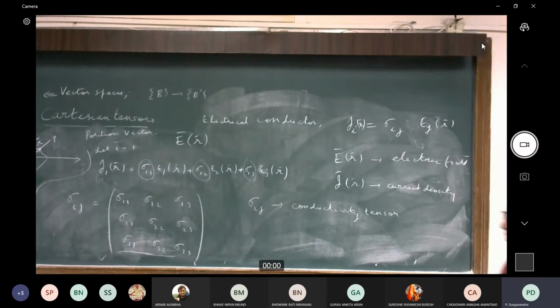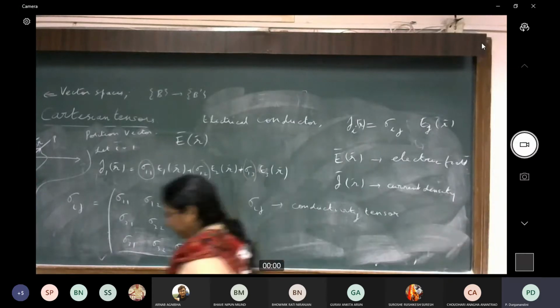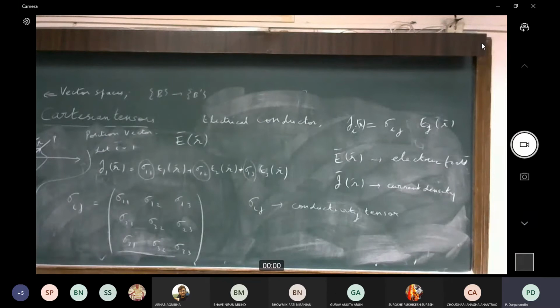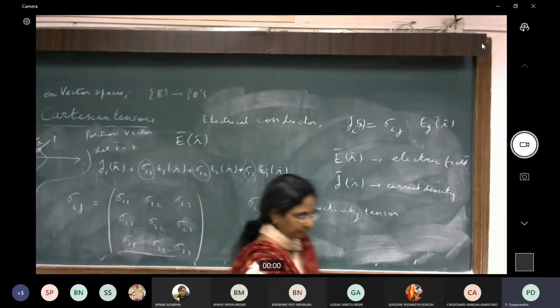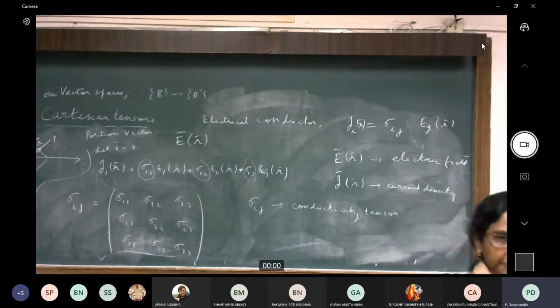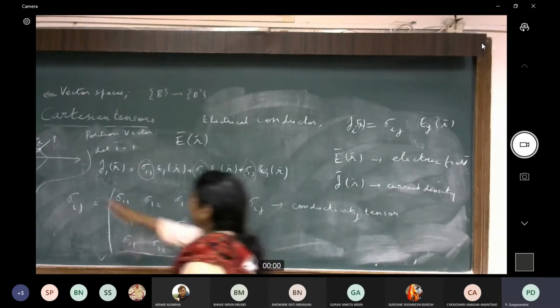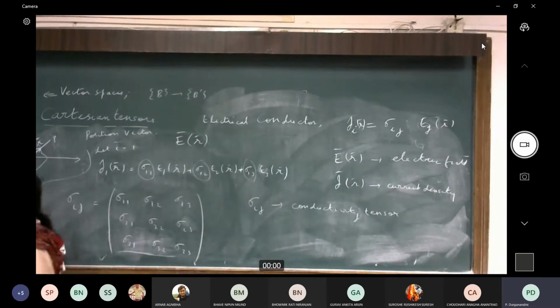So I tell you that this material is an isotropic material. As far as electrical conductivity is concerned, it's isotropic. Then what will you say is the form of sigma ij? Can I write down the form of sigma ij if I tell you that that particular conductor is an isotropic conductor?